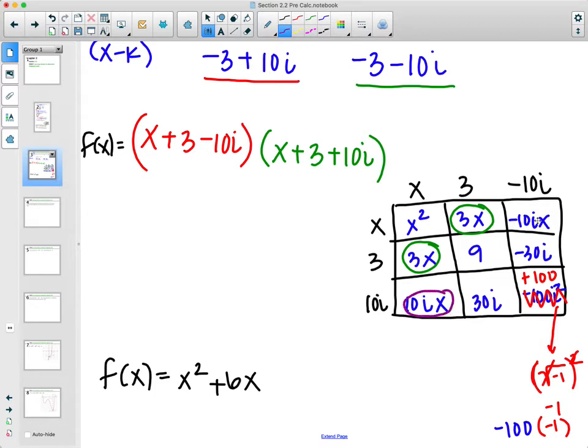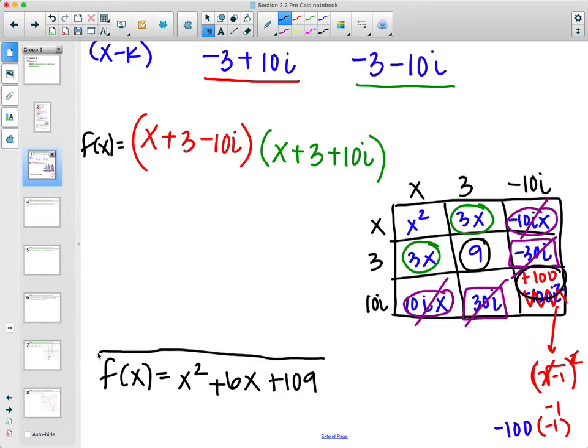So these are like terms, 10ix and negative 10ix, which is 0. And then we also see negative 30i and positive 30i. Those are 0 as well. And then our constants, 9 and positive 100. So we get plus 109 here, and that will be our final standard form multiplied out.